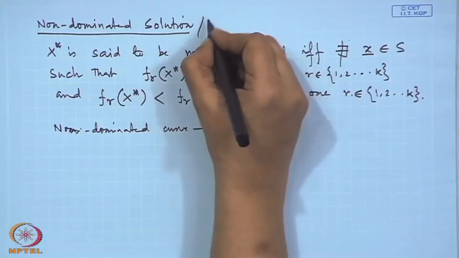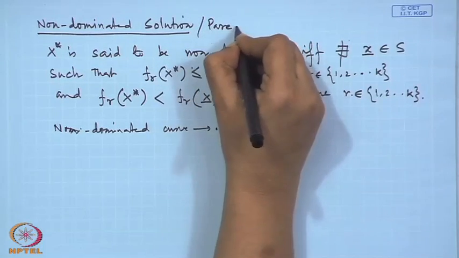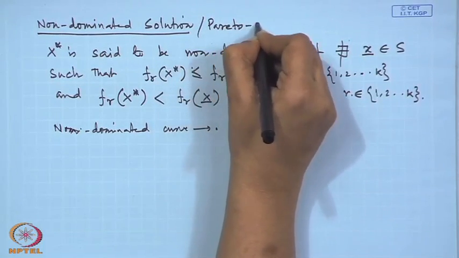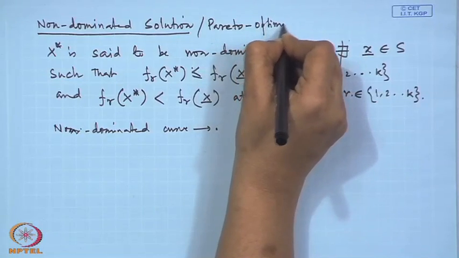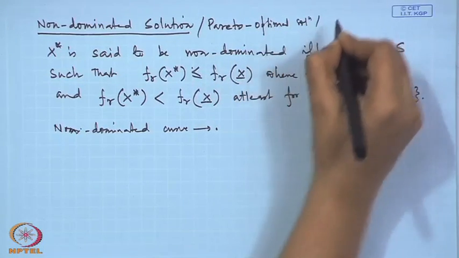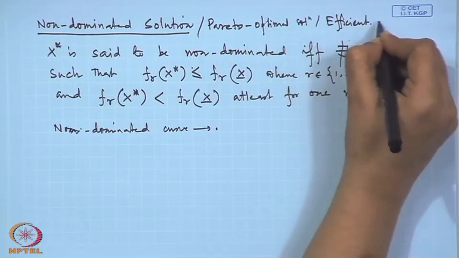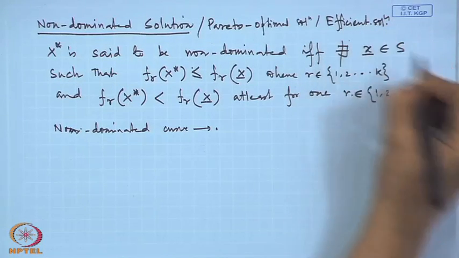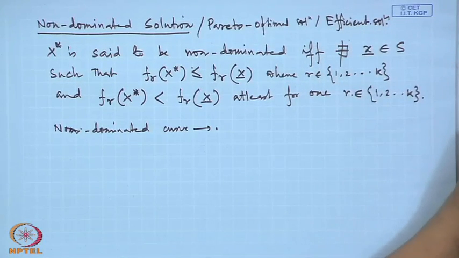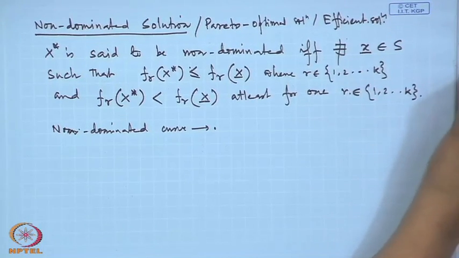Now, the term non-dominated is used interchangeably with other names, such as the Pareto optimal solution, and it is also named the efficient solution in the literature. Generally, mathematicians prefer the term non-dominated solution or non-dominated curve.